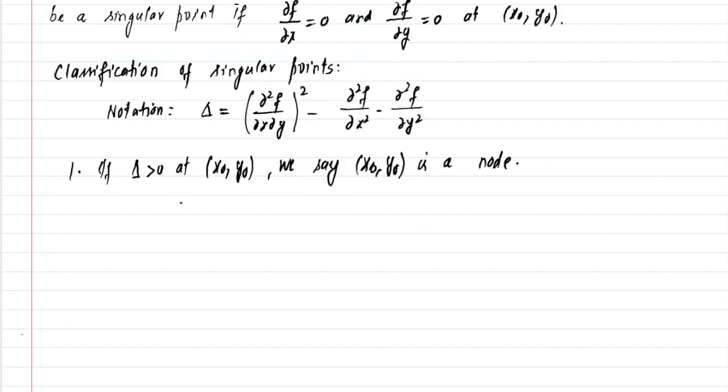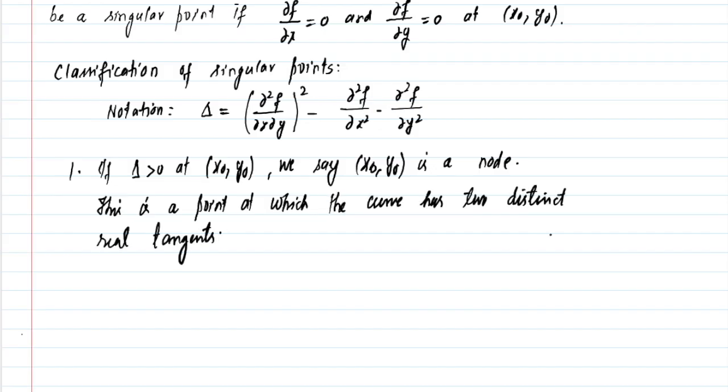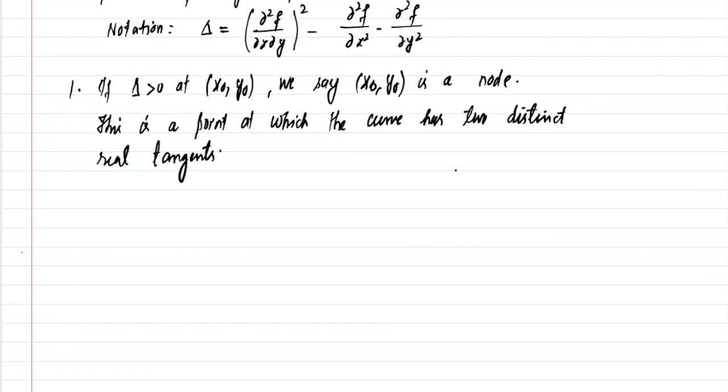A node is a point at which the curve has two distinct real tangents. So a point on a curve at which the curve has two distinct real tangents, we call that point a node, and it is classified by using the concept of singular points and evaluating this delta. If this delta happens to be positive at a singular point, then that is a node at which the curve will have two distinct real tangents.